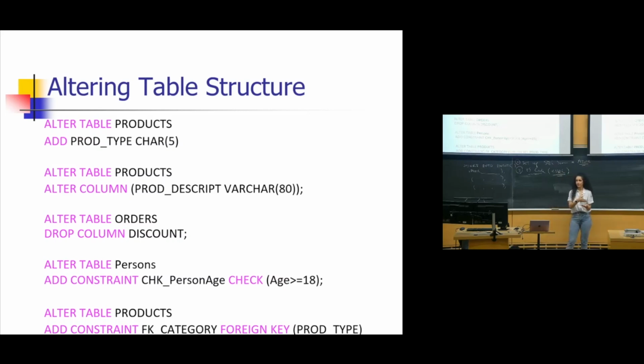Same thing if you have numeric grades from 0 to 100%, okay? So you want to make sure that grade is greater than 0 and less than 100. That is how you identify this type of constraint using check, okay?